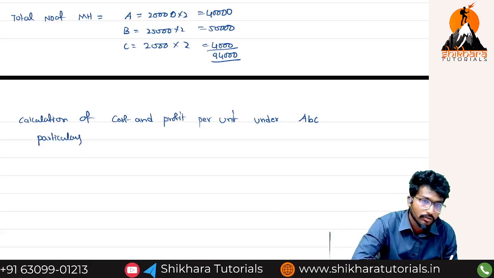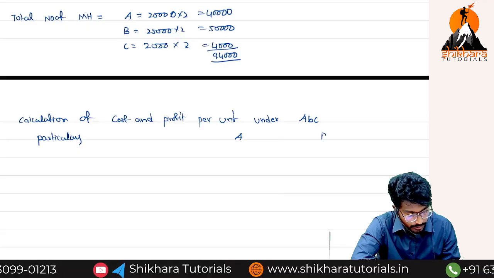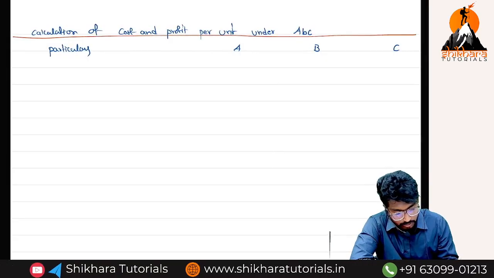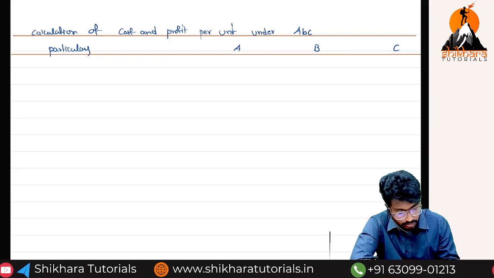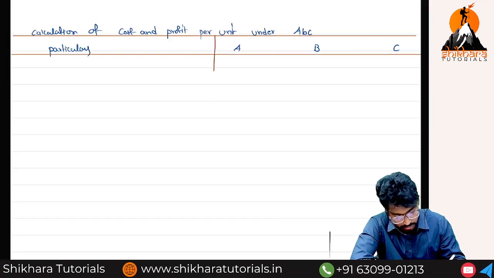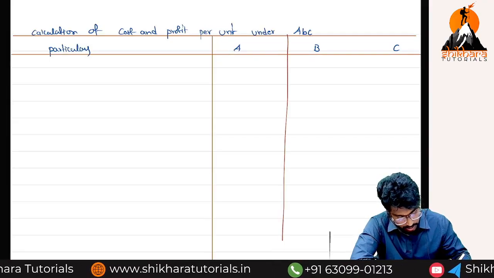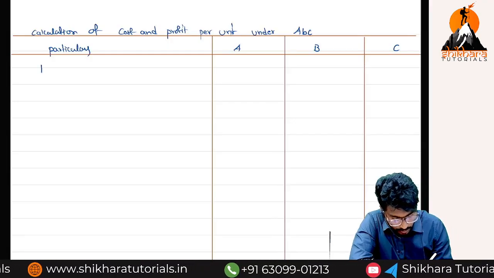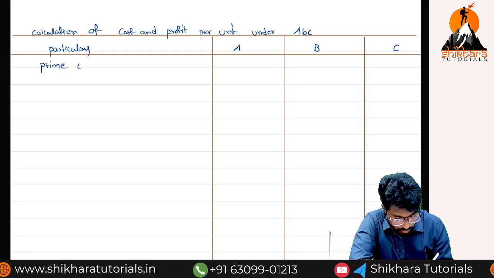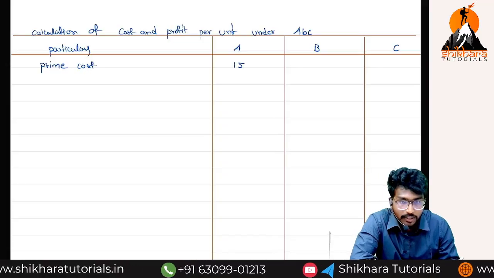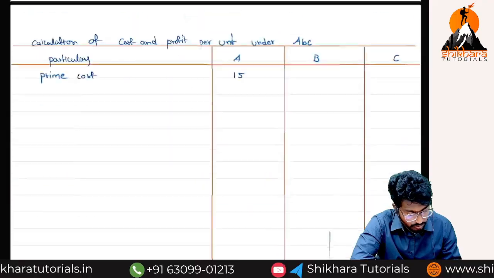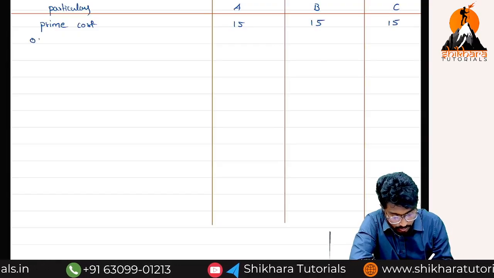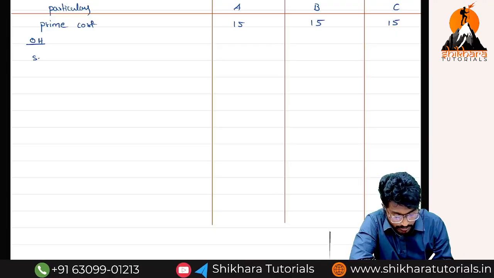How many products do we have? 3: A, B, C. We already know the prime cost. Am I right? Prime cost, how much? 15. Next, overheads. What is the first overhead we have? Setup.